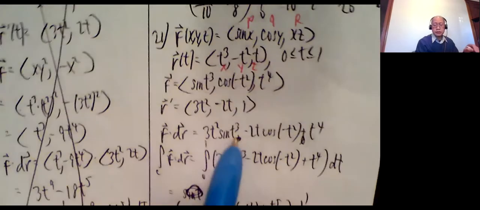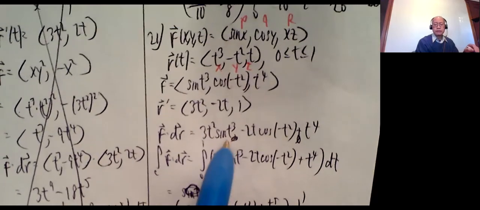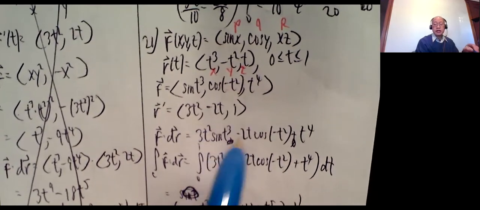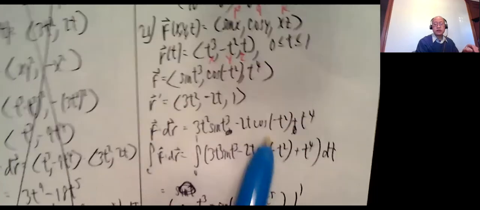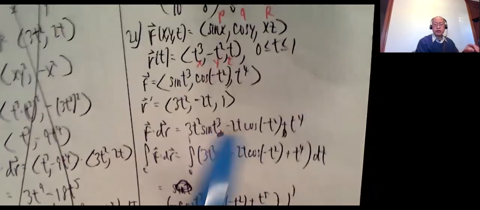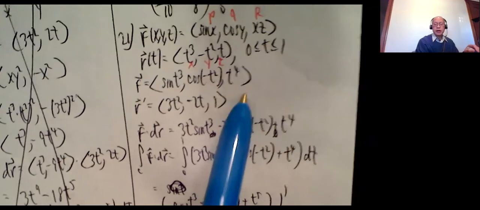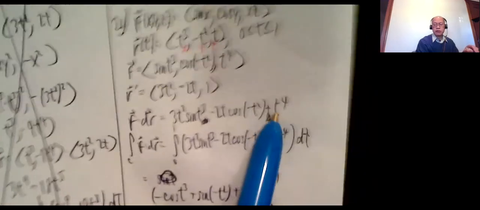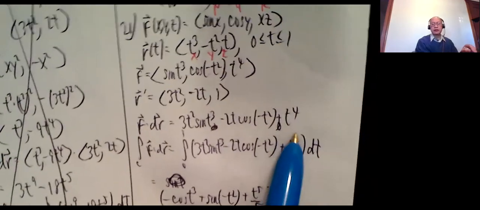That's perfect for u substitution, right? The derivative of t cubed is 3t squared. And then negative 2t cosine of negative t squared. That's also perfect for u substitution. The derivative of negative t squared is negative 2t. And then t to the fourth times 1 is t to the fourth. Well, that's already easy to integrate. You don't have to worry about that.